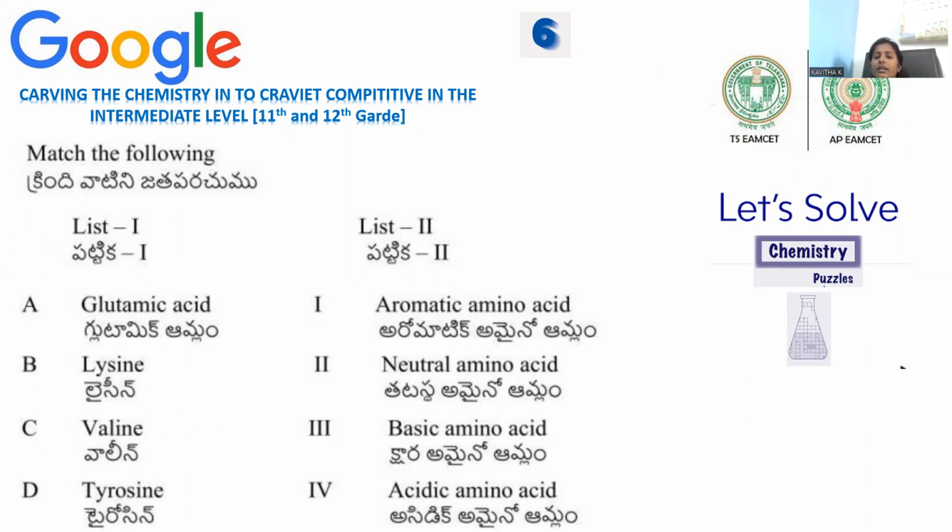There are 20 or 21 amino acids in nature. Some are called essential amino acids, some are called non-essential amino acids. And in another classification, some are called acidic amino acids, some basic, some neutral, some aromatic amino acids.